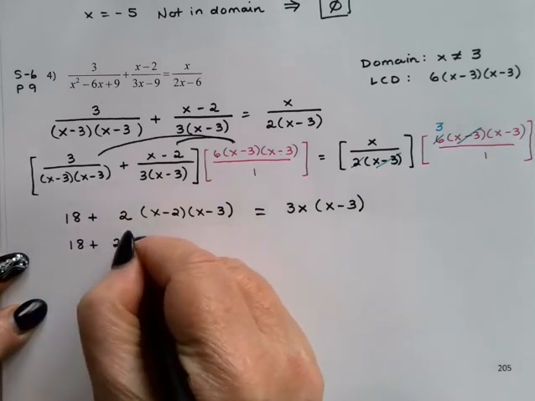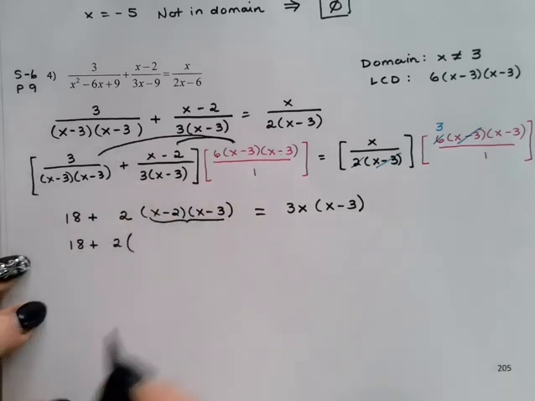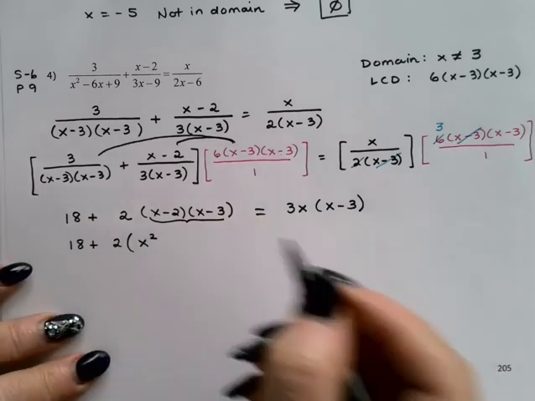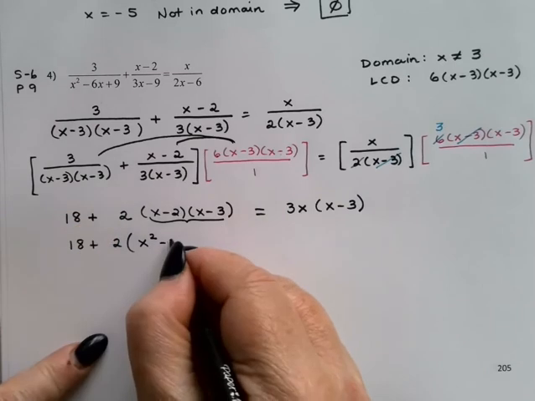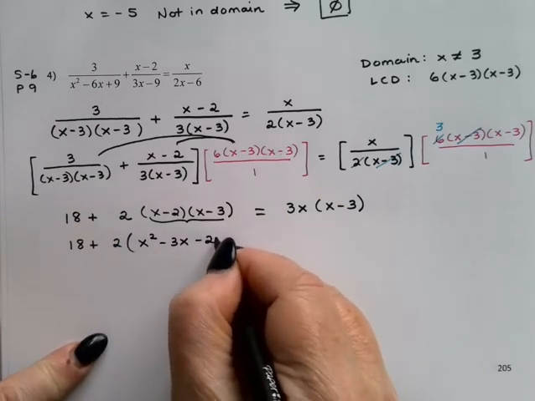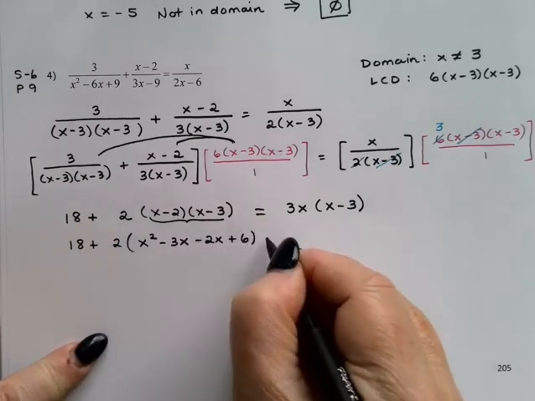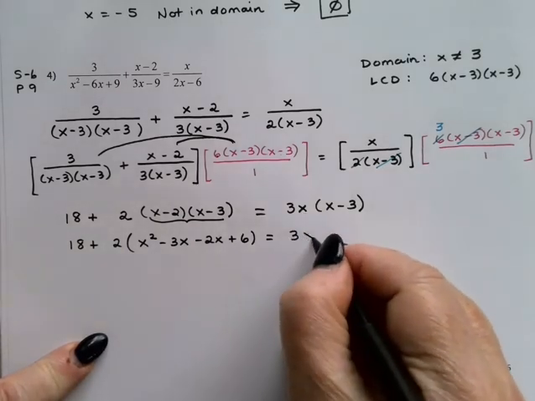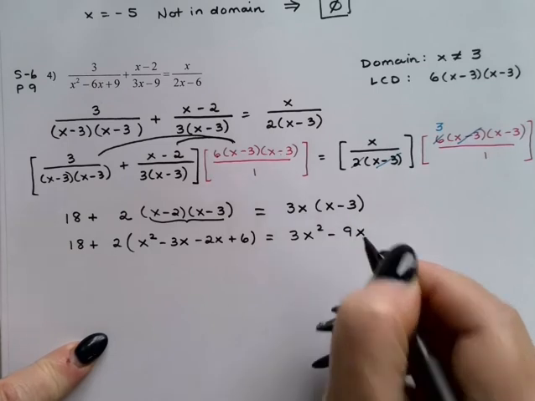I'm going to go ahead and leave the 2 out here for right now, and I'm going to multiply those 2 binomials. So I'll have x squared minus 3x minus 2x plus 6. And distributing on the right-hand side gives me 3x squared minus 9x.